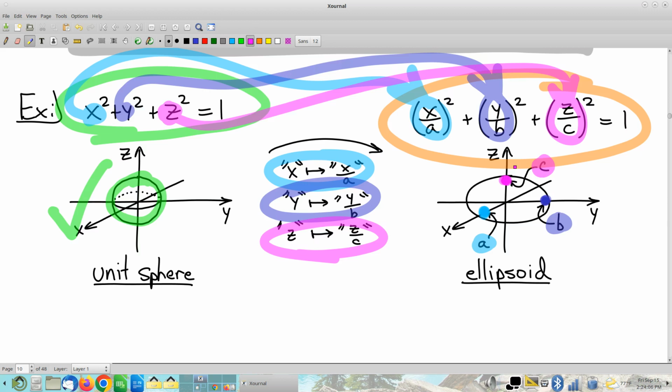Right? This original unit sphere just gets stretched by different amounts in different directions, an ellipsoid.